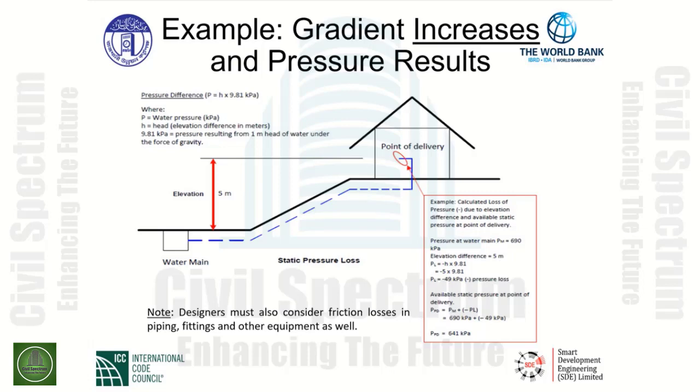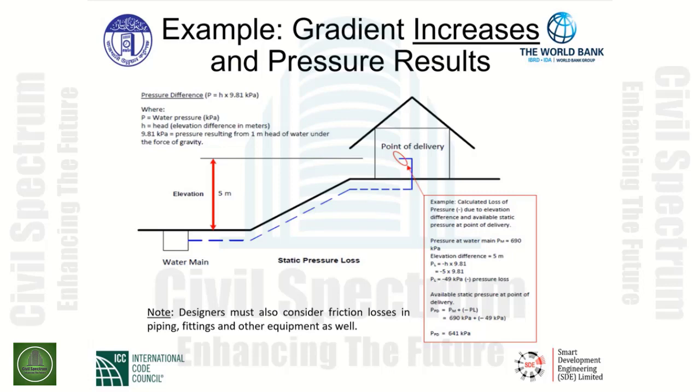P sub L then equals negative H times 9.81. We understand by increasing in elevation, we will have a pressure loss. Therefore, the convention in an upward direction, increasing elevation, is negative.